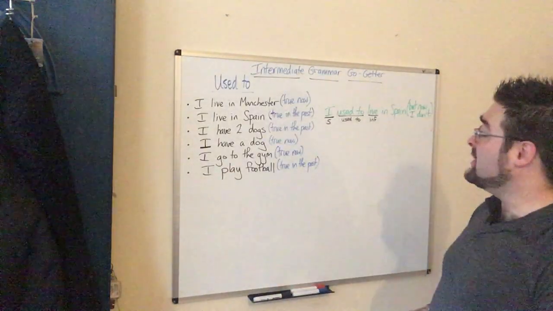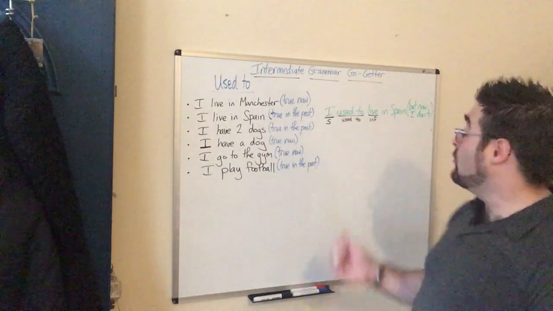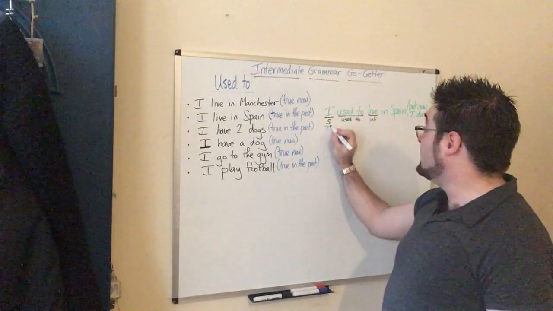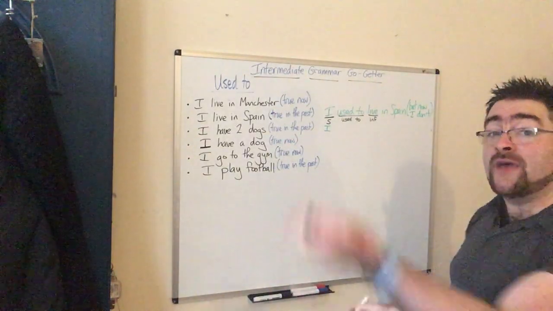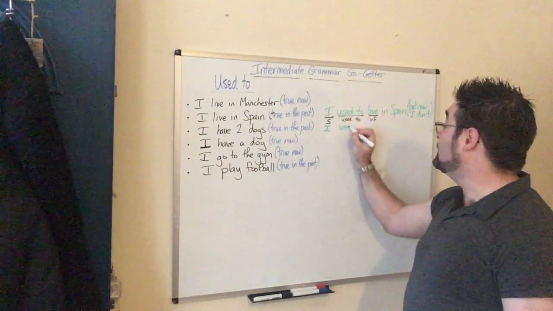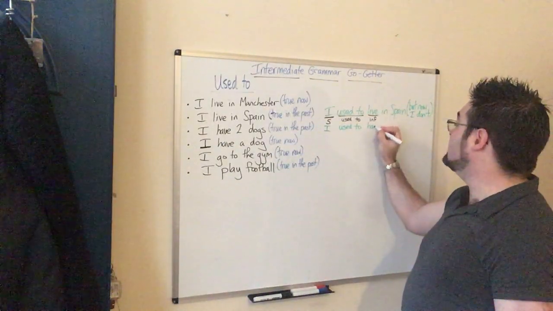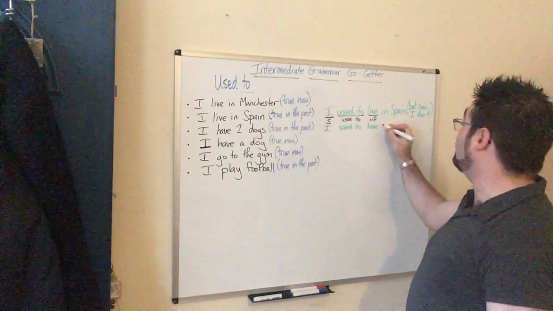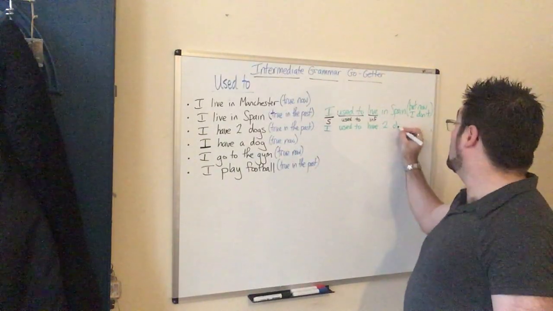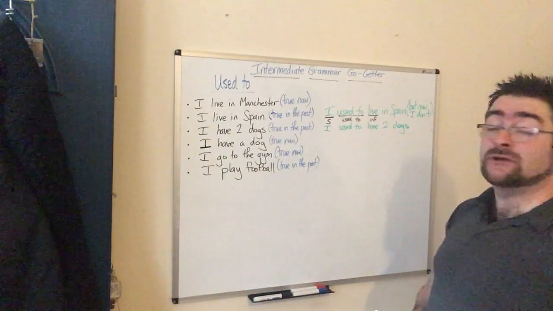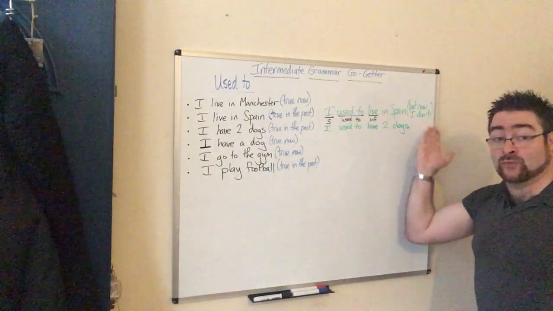So, what about the next one? I have 2 dogs. Well, we start off with our subject, I. Then we go into used to. And then we have our infinitive have. I used to have 2 dogs. But now I don't.